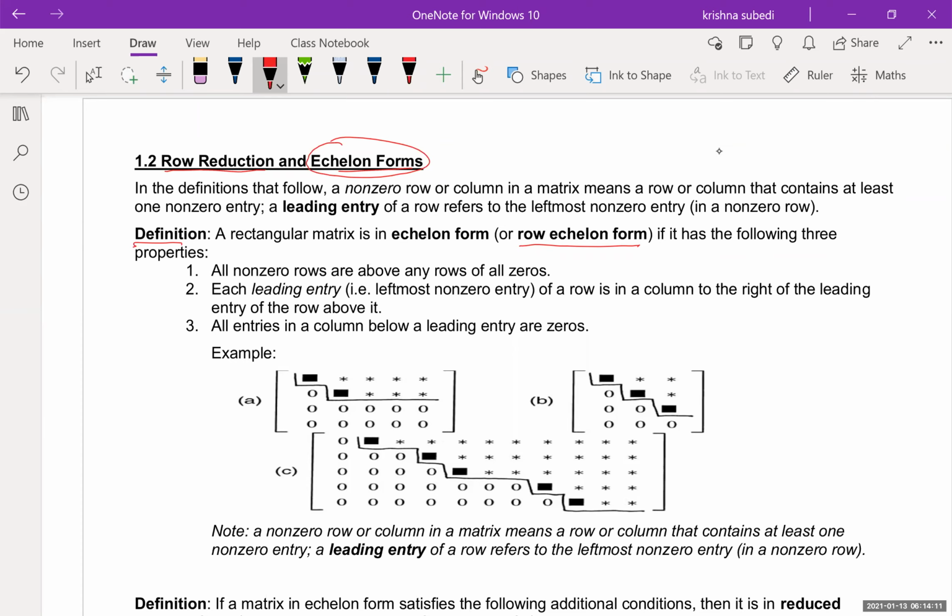Property number one, all non-zero rows are above any rows of all zeros.